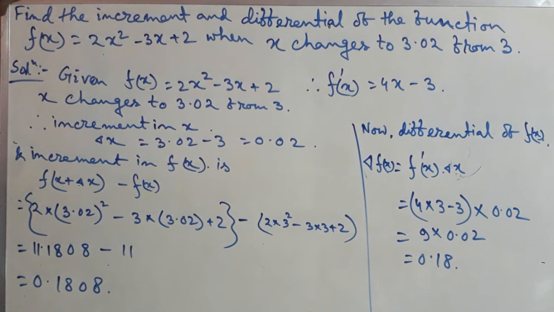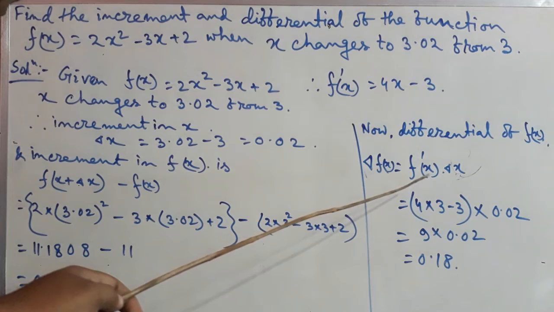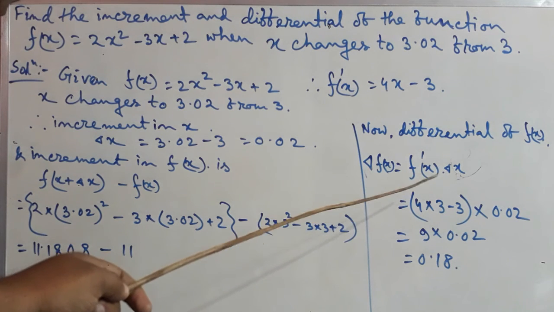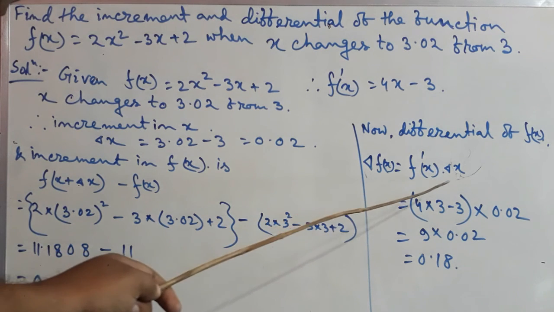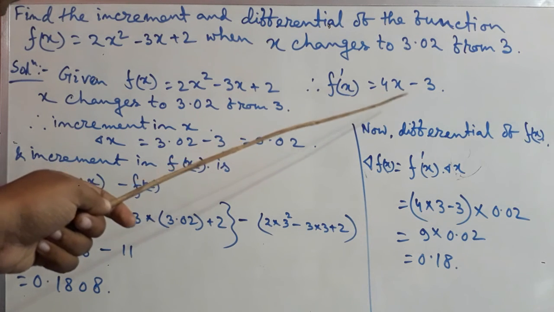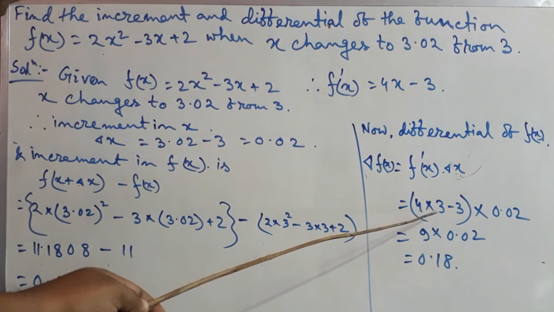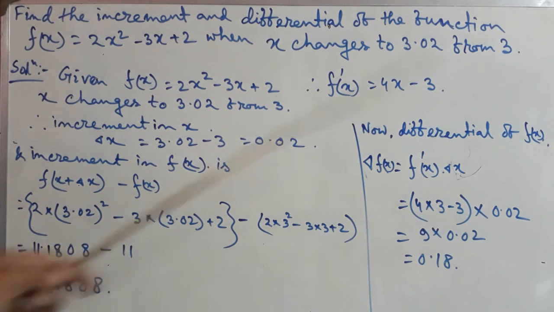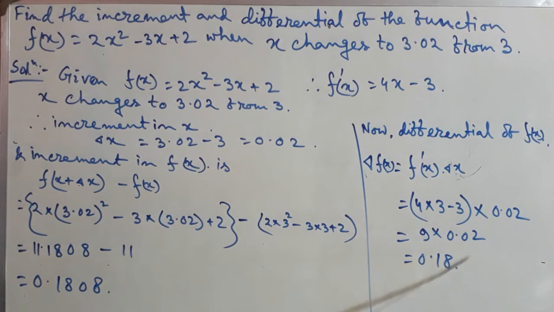Now the differential of the function f of x is delta f of x, equal to f dash x into delta x. Putting all these values, f dash x means 4x minus 3, putting x equal to 3, 4 into 3 minus 3, into the value of delta x, that is 0.02, we get 0.18.